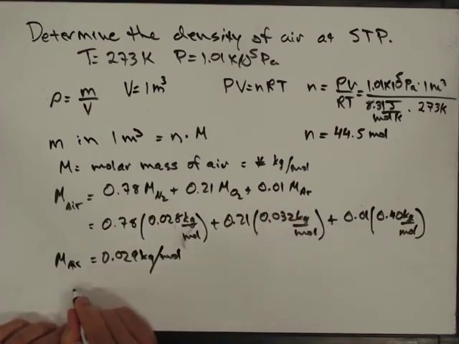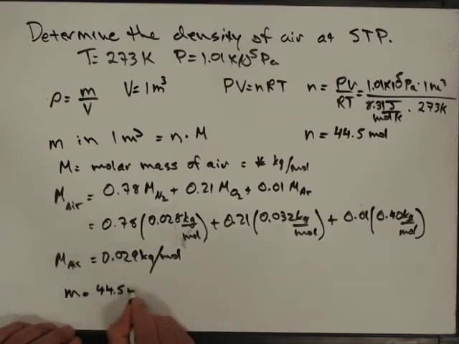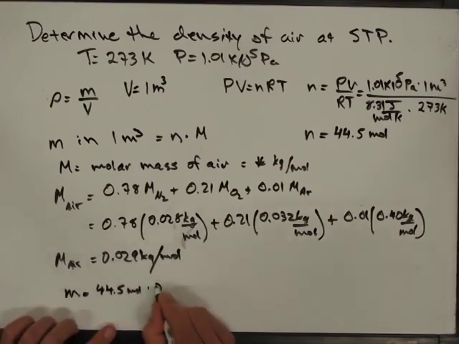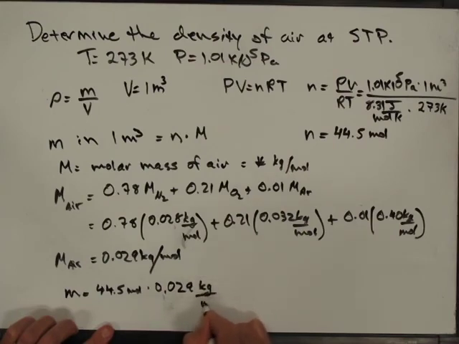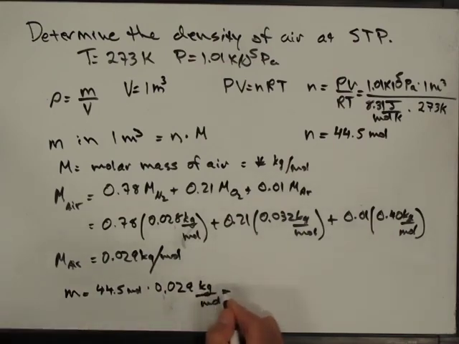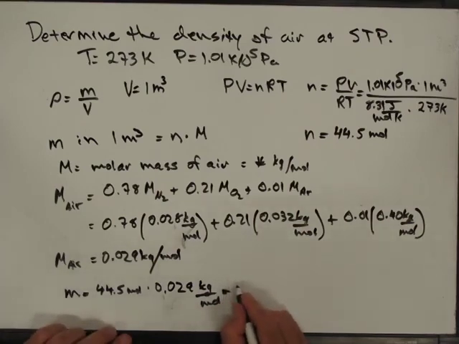And so that means the mass M is 44.5 moles times 0.029 kilograms per mole, which is 1.29 kilograms.